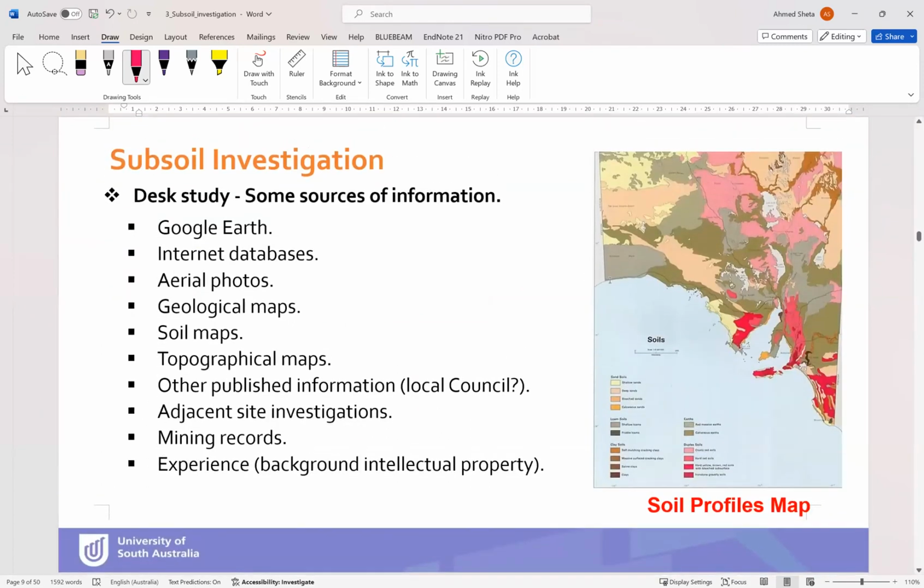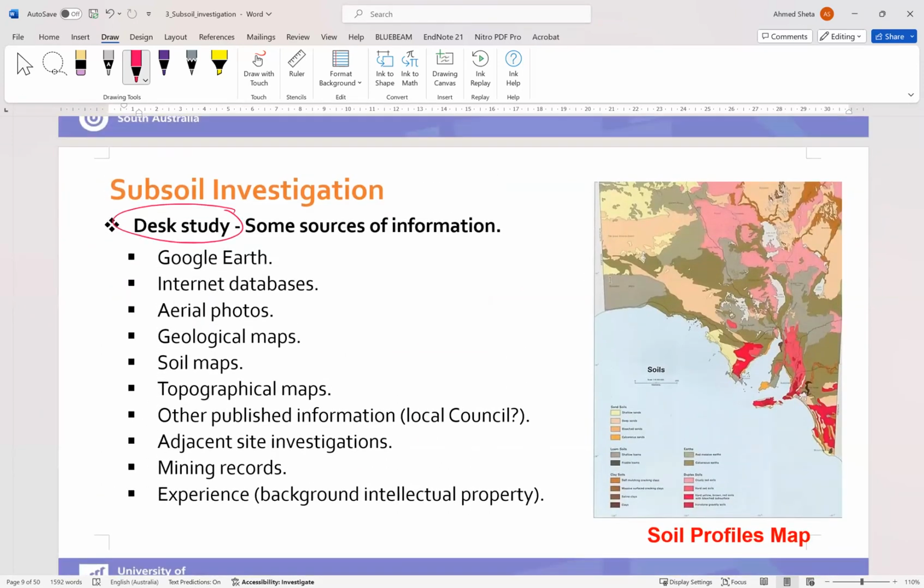What are the sources of information we will use in this desk study stage? We might use Google Earth, which is a useful source for the soil layers. It will show the heights and the different levels of the terrain, like mountains, hills, and so on. You can also use internet databases and aerial photos, so you can have a photo from the top using an aeroplane or drone for the location.